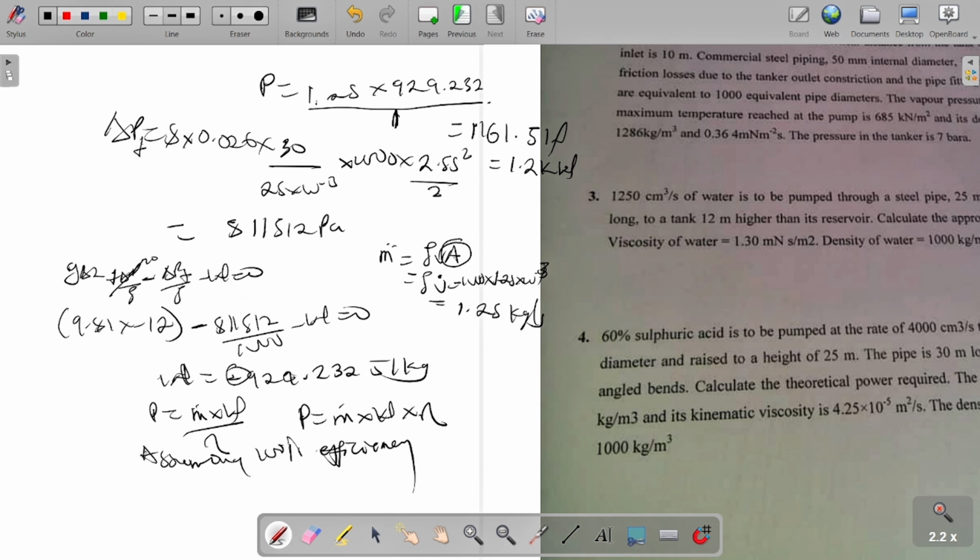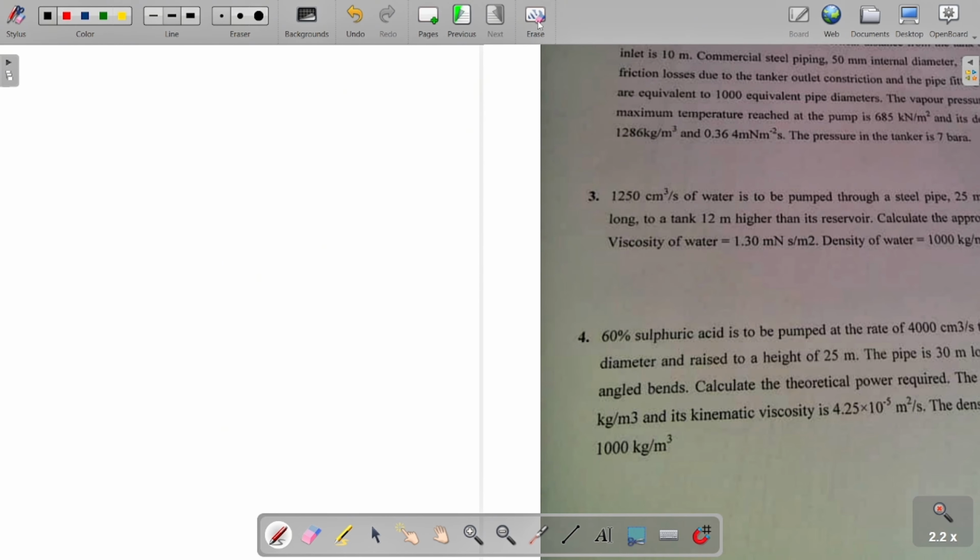So right now let's move to a question where we'll be applying the equivalent pipe diameters method, and the velocity heads method too. Let's see question number 1 from the past question over here.